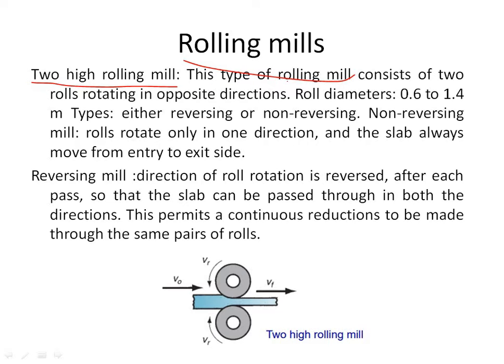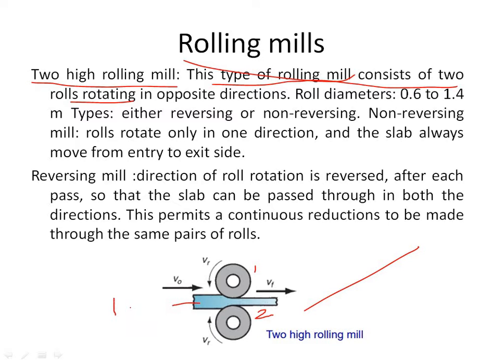Two high roll mill. This type of rolling mill consists of two rolls rotating in opposite direction. You all can see in the sketch. The sketch itself shows two rollers, shown above and below the workpiece.